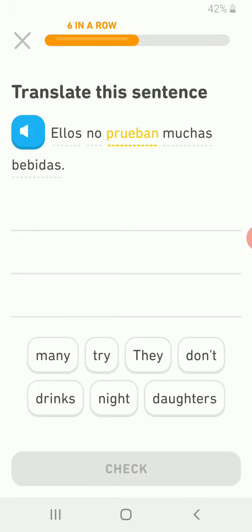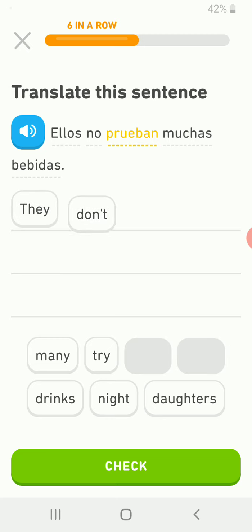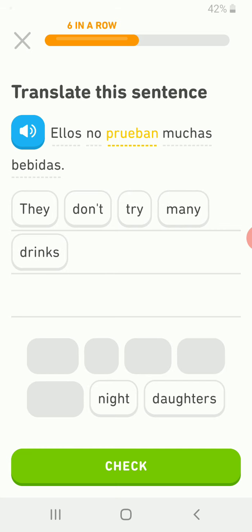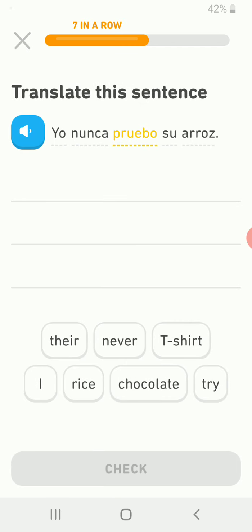We just saw that. Ellos no prueban muchas bebidas, or drinks. So ellos, they don't try many drinks. Prueban. Yo nunca pruebo su arroz. So I never try his rice or their rice, sorry. It depends. It can be any of these.